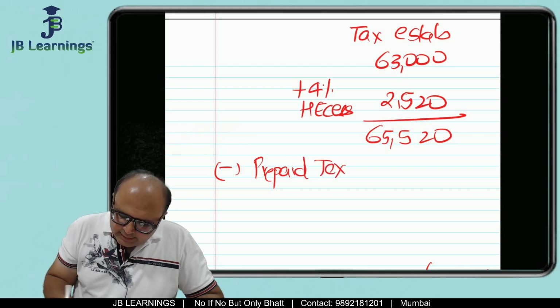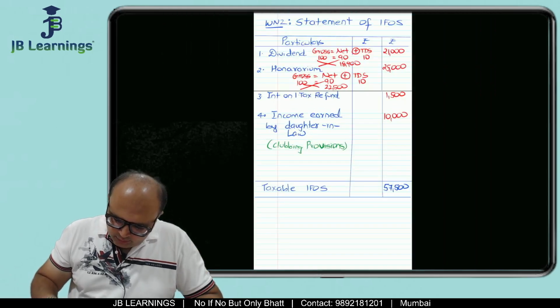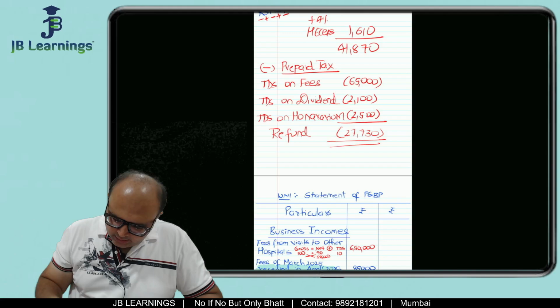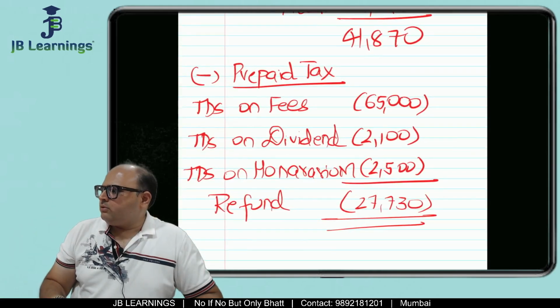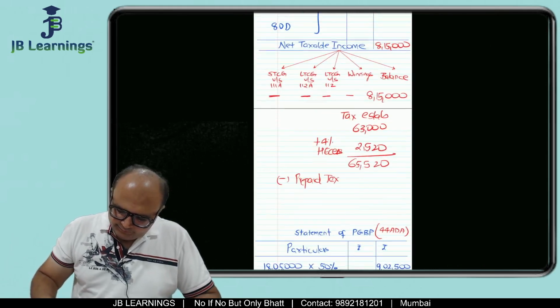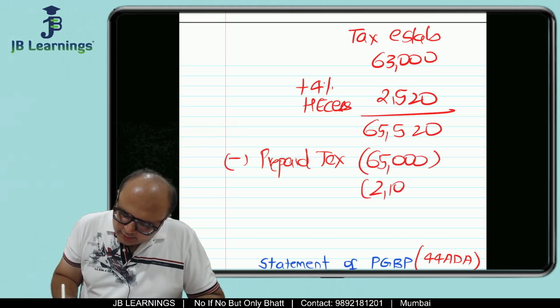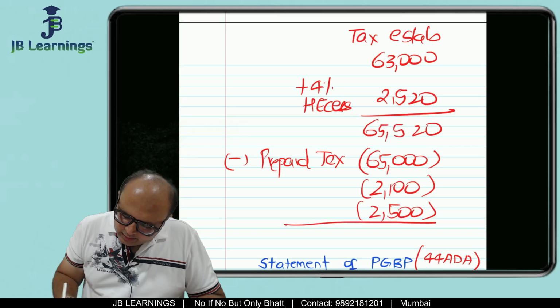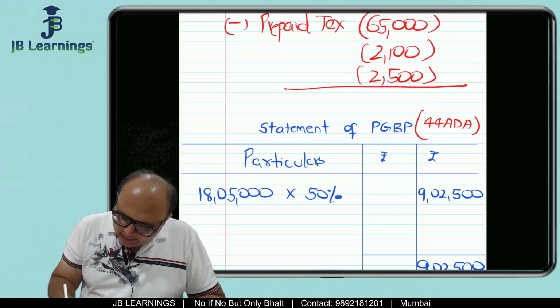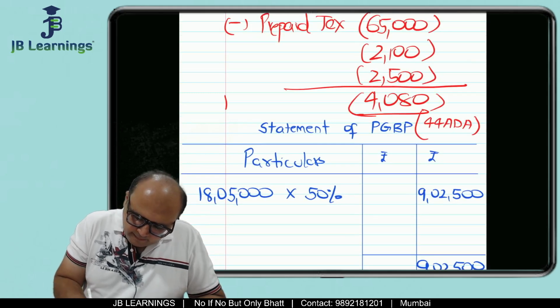In prepaid taxes, how much was the amount in prepaid taxes in my earlier question? 65,000, 2,100, 2,500. So you can write the direct amount also, and now you get a refund of 4080.